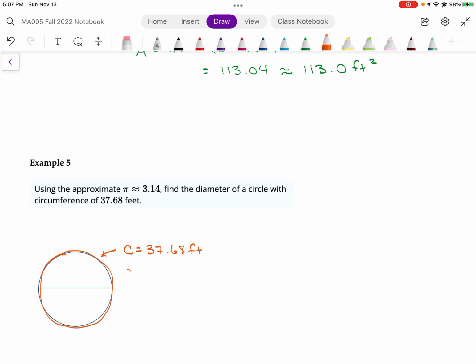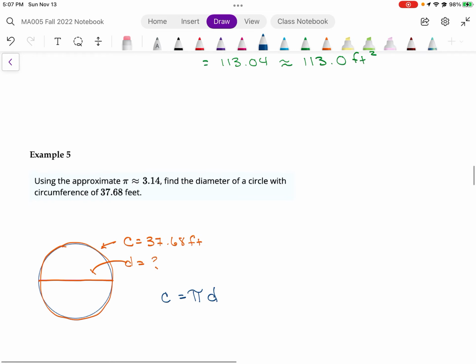We're trying to find the diameter, that's this part all the way across. That's what we don't know. So I'm going to use the formula C equals pi d, because we're not being asked about the radius, and we're not given the radius, but we're asked about the diameter. So we're looking for d.